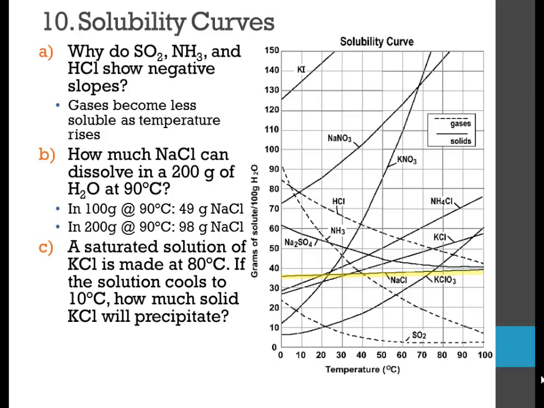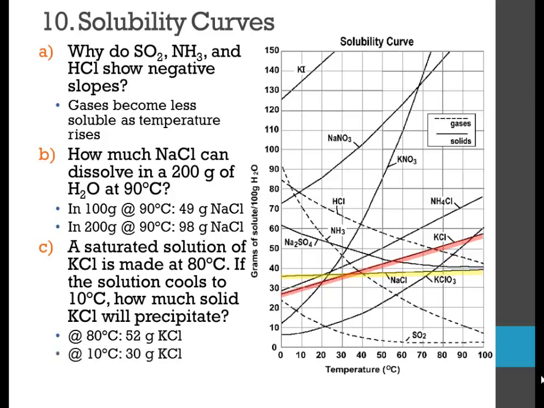A saturated solution of potassium chloride is made at 80 degrees Celsius. If the solution cools to 10 degrees Celsius, how much solid KCl will precipitate? First, let's find our line for KCl. At 80 degrees, I can dissolve 52 grams of potassium chloride.